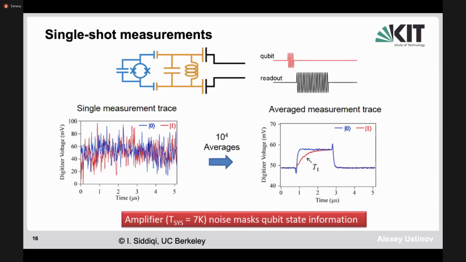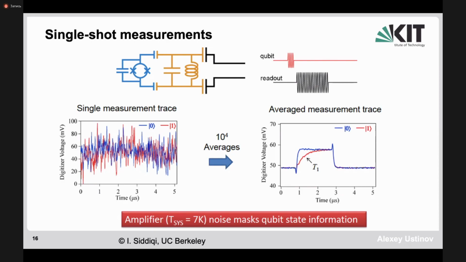Now, for single shot measurements: single shot means that by doing a single measurement, you would be able, with high fidelity, to measure the projection of the qubit state on the z-axis. Single shot measurements require very low noise temperature of the system, and they also require special coupling of the qubit to the readout resonator.